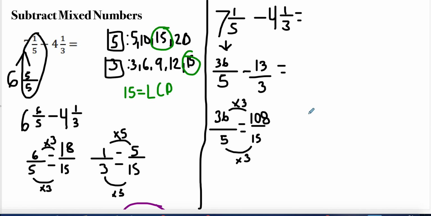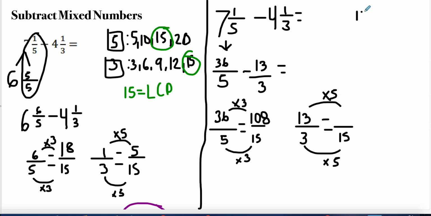And then I'm going to do the same with 13/3. It is equal to how many 15ths? So 3 times 5 is 15, so I need to do 13 times 5. I'm going to do that up here real quick. 13 times 5, 5 times 3 is 15, 5 times 1 is 5, plus 1 is 6, so 65. And then I can do 108/15.